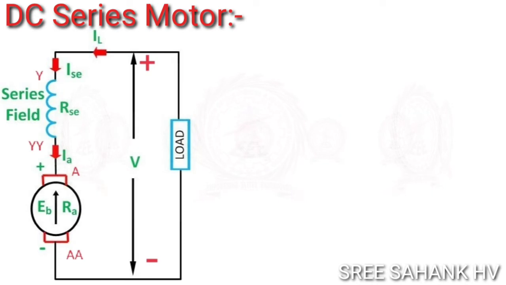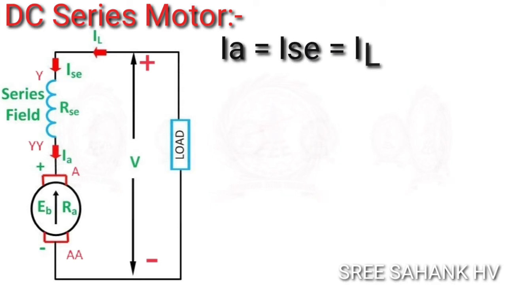Next is DC series motor. Here theory is the same as the DC series generator. Just replace generator with motor. Here current and voltage equations are IA is equal to ISC is equal to IL because current flows in the same direction.